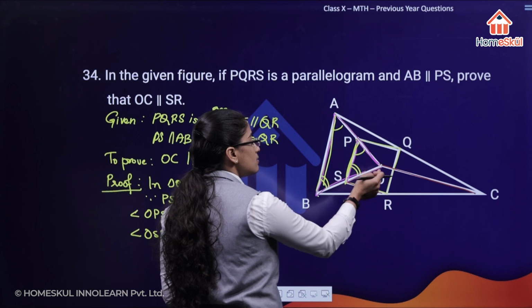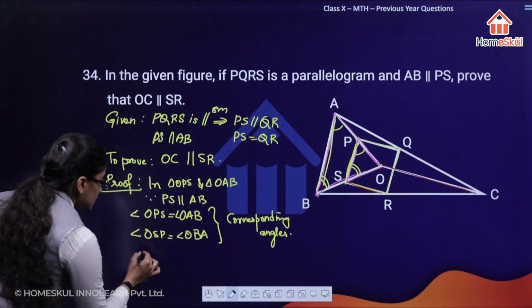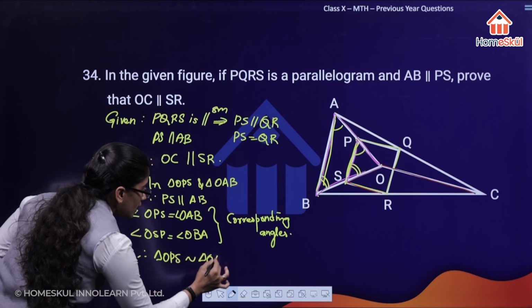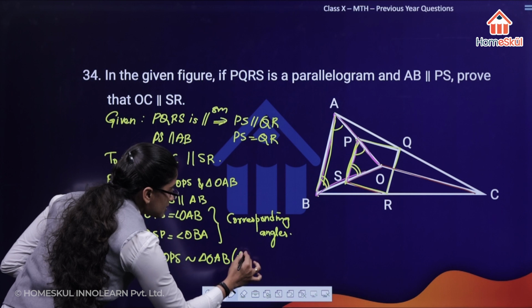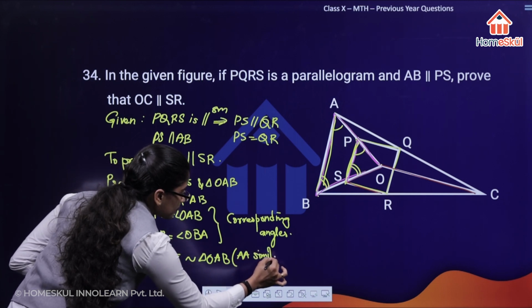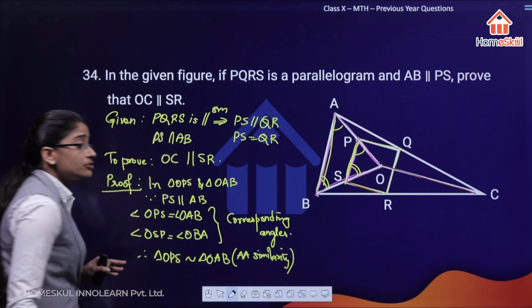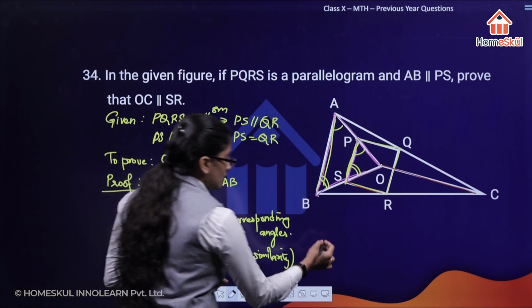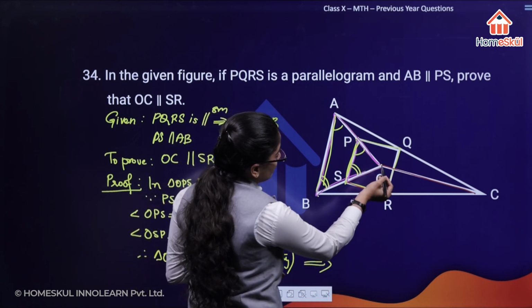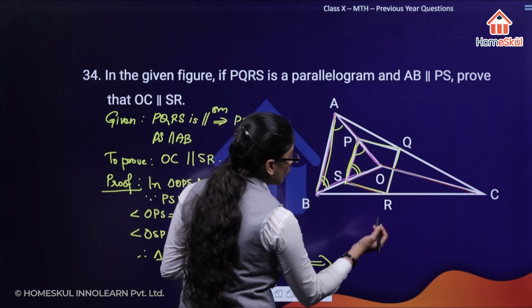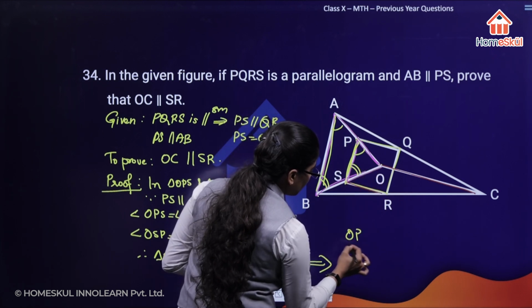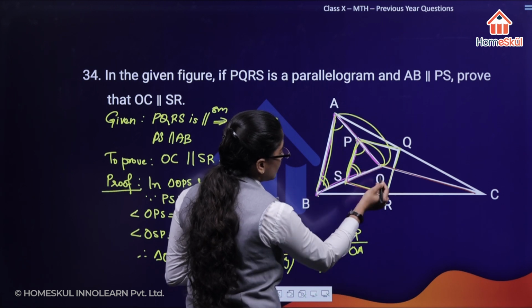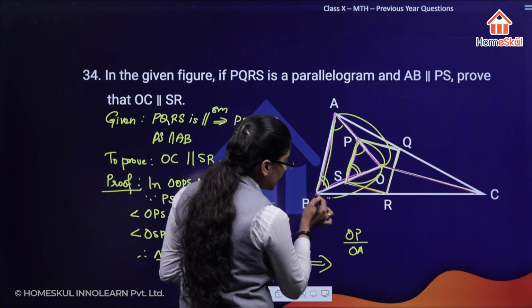Triangle OPS is similar to triangle OAB, isn't it? If two triangles are similar, then we could take the ratios of the corresponding sides. Then we could imply OP by OA is equal to OS by OB.